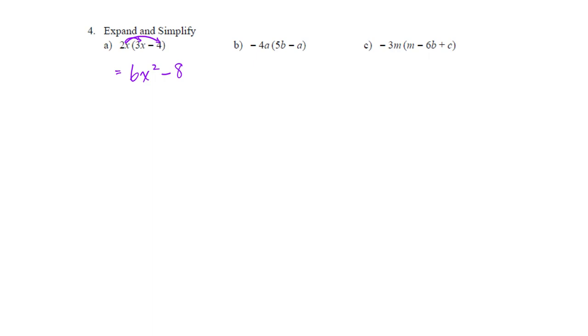There's my 8. And I have a single x in that term. So if we expanded, great. We got our 6x squared minus our 8x. And we should be finished. The instruction says to simplify, and we notice we cannot simplify that expression because, again, I have unlike terms.